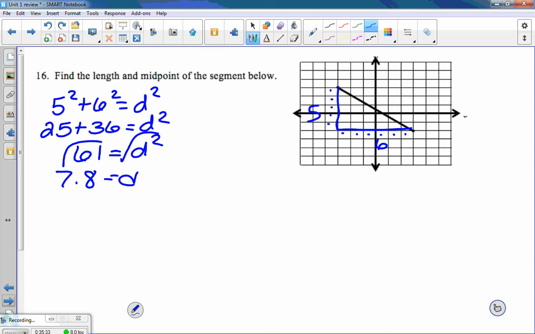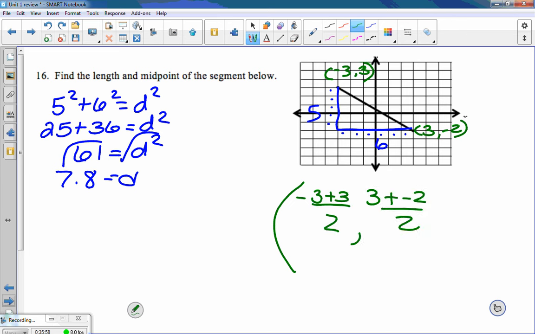Midpoint, you could make the box and make the X, or you could just find out that this is at 3, -2, and this is -3, 3. So if I do midpoint, it's going to be -3 plus 3 divided by 2, and 3 plus -2 divided by 2. 0 over 2 and 1 over 2 is equal to 0 and 0.5.